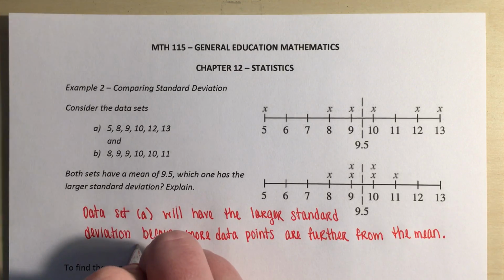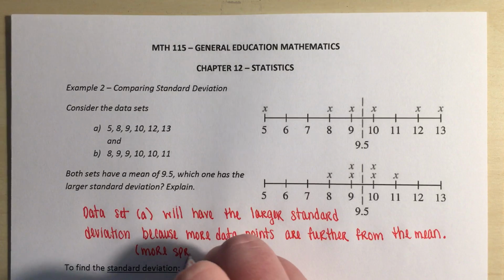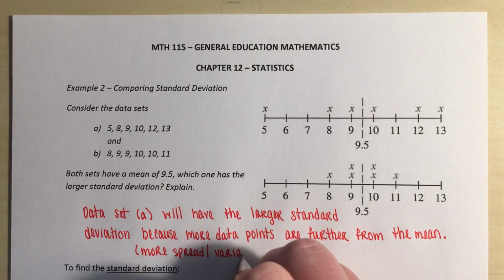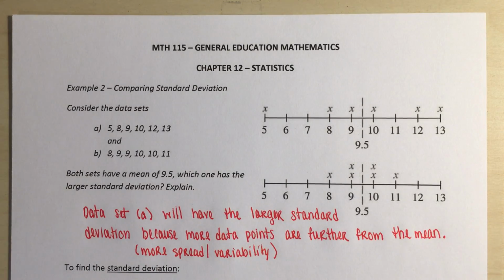So that means that data set A is more spread out and also has more variability than data set B does.